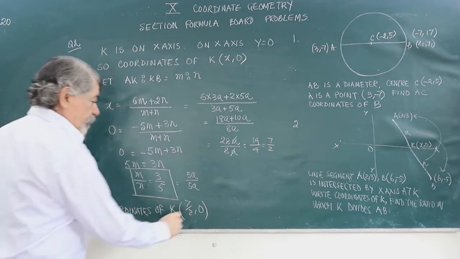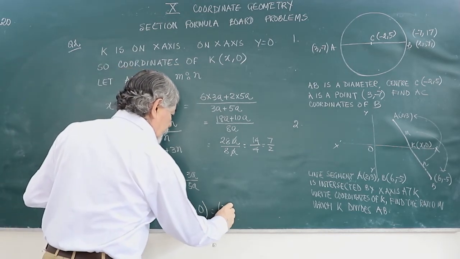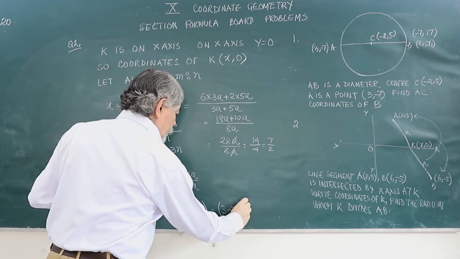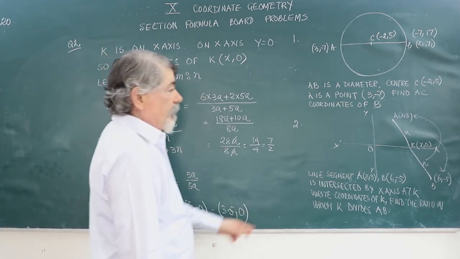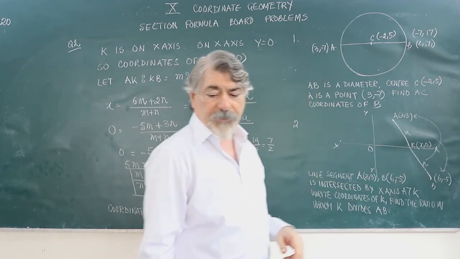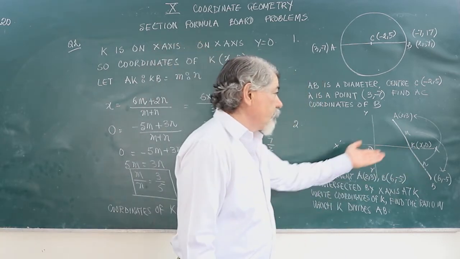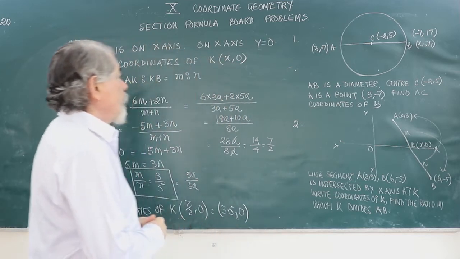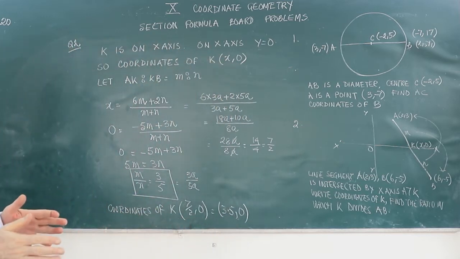So this line AB will be cutting the x-axis at 3.5, and of course the y coordinate will be 0.